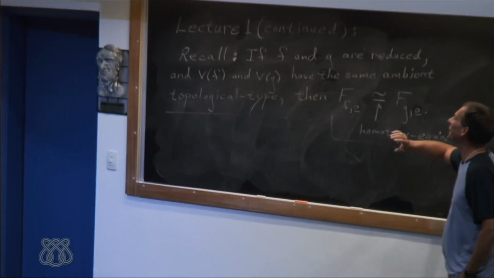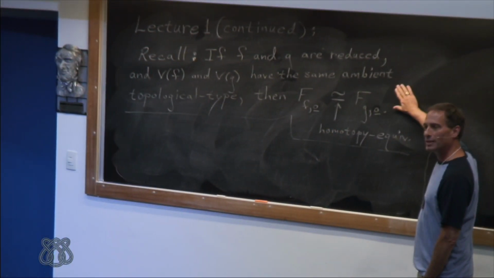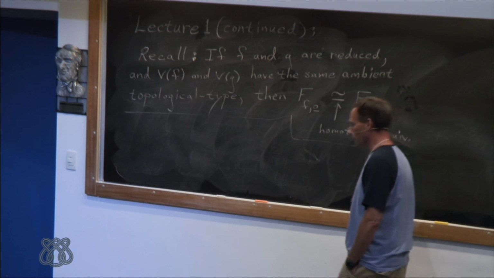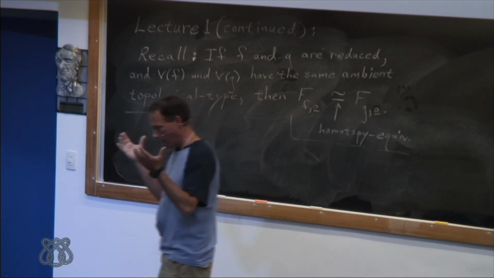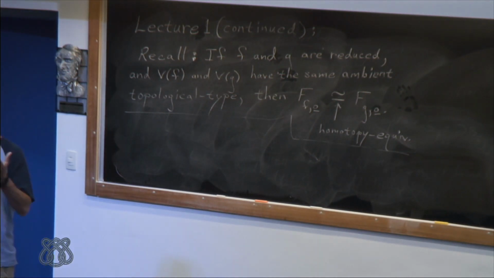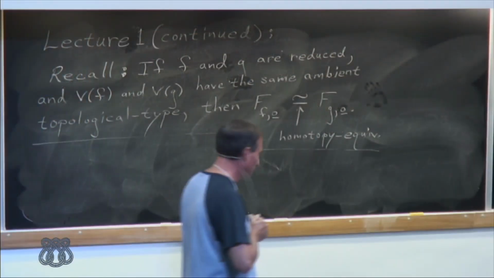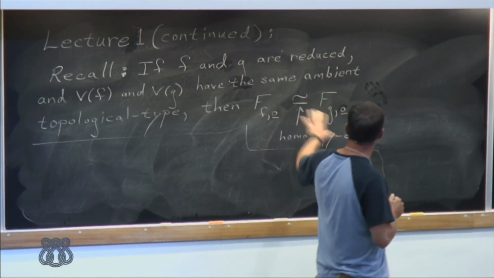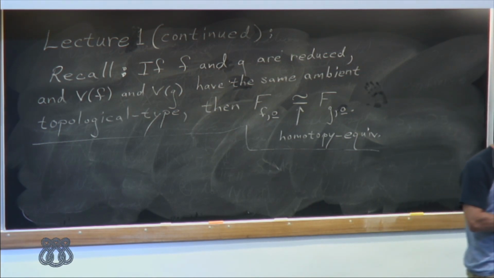So this was one of the 10 properties that I listed for Milnor fibers. If you have 2 hypersurfaces defined by reduced polynomials, and the hypersurfaces have the same ambient topological type, then the Milnor fibers are homotopy equivalent.